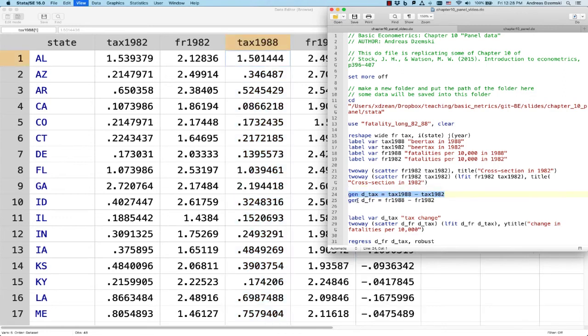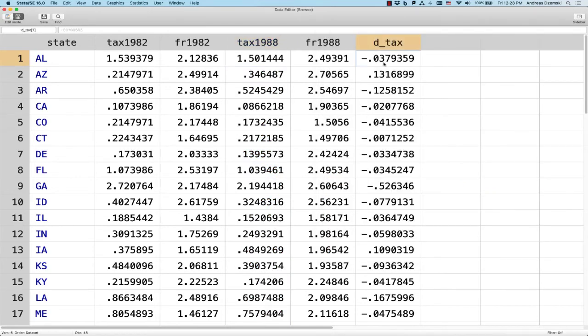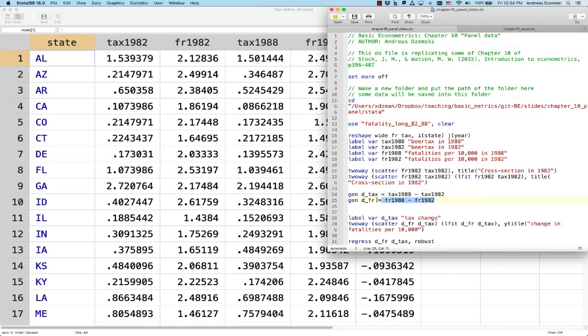Let's execute this line, and you'll see we have a new variable showing up. And for example, for Alabama, it's a small negative number because for Alabama, the tax decreased slightly from 1982 to 1988. Let's define a similar variable for the change in the fatality rate.